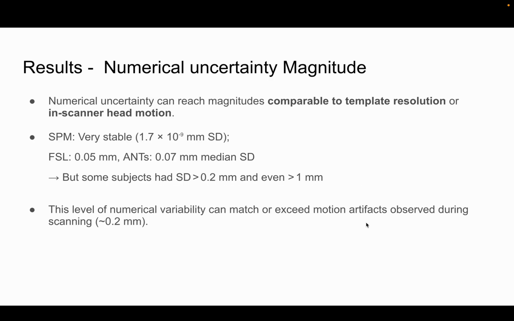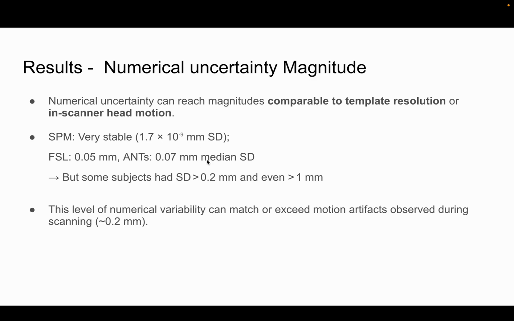What we found was that numerical uncertainty can reach magnitudes comparable to template resolution and to scanner head motion, so it can sometimes be really significant. On average, the variability between the MCA runs is not that big for a subject.